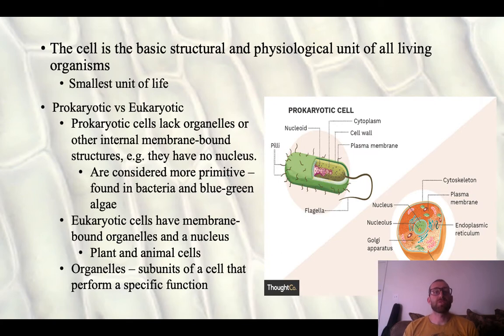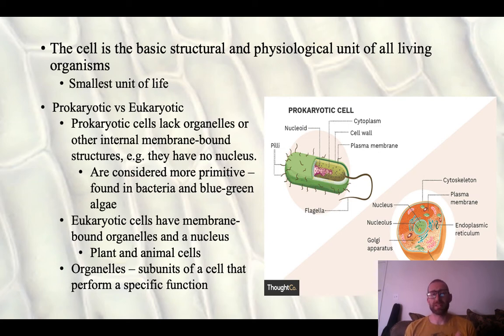Okay, so the cell is the basic structural and physiological unit of all living organisms. It is essentially the smallest unit of life. And when we are talking about cells, we can classify cells as either prokaryotic or eukaryotic. Now, prokaryotic cells lack organelles.